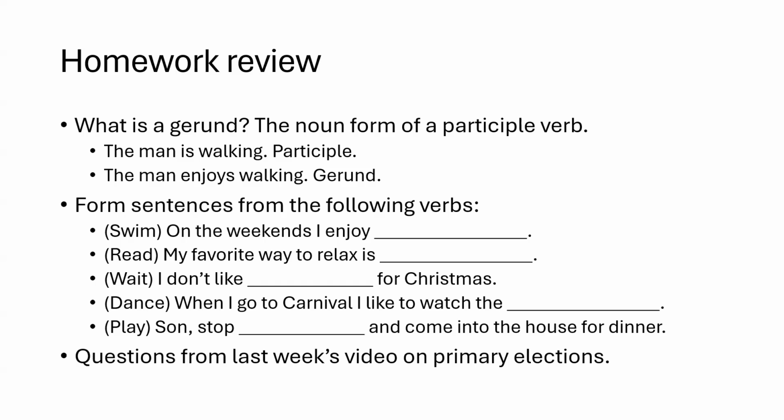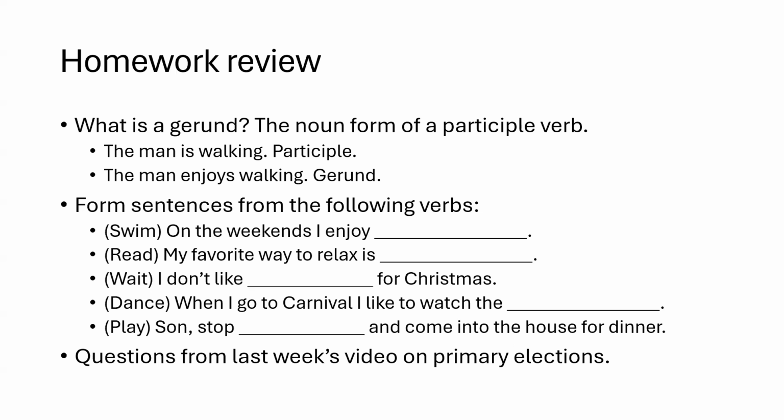So I asked the class last week to form some sentences from the following verbs using gerunds. So the very first one is swim. And on the weekends, I enjoy, and think of the gerund form here. I enjoy what? It's the gerund form of swim. What would the gerund form look like?